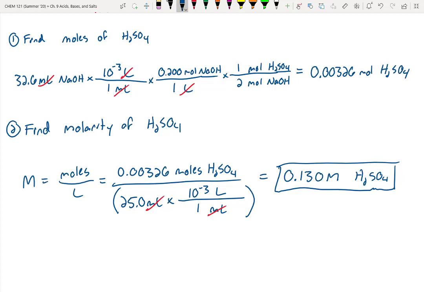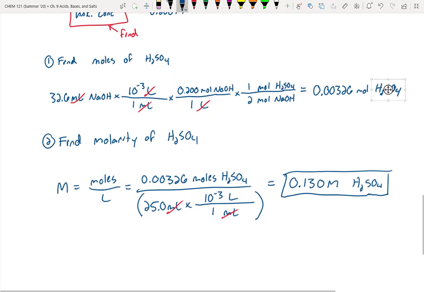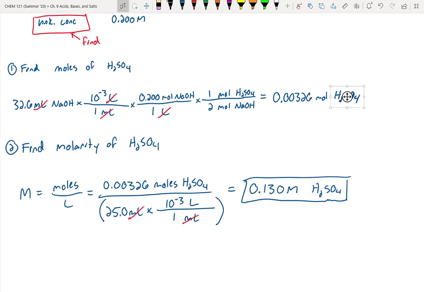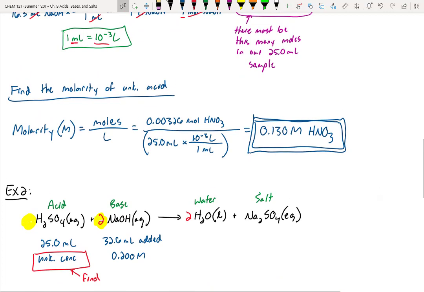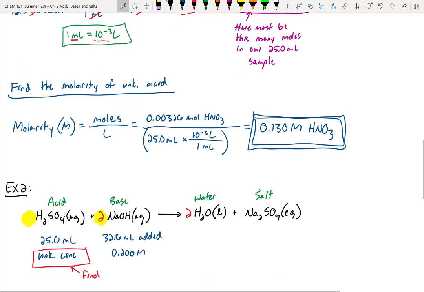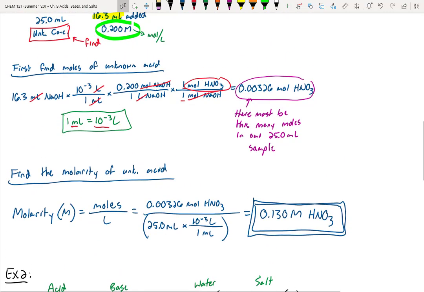And for those of you playing along at home, you might notice that the molarity is the exact same as the prior problem, right? So I just said that this was 0.130 molar, and up here that was 0.130 molar. But let's go back and double check all the stuff.